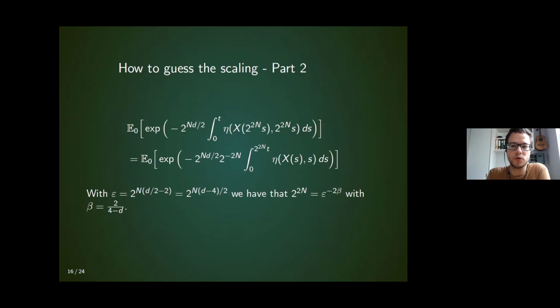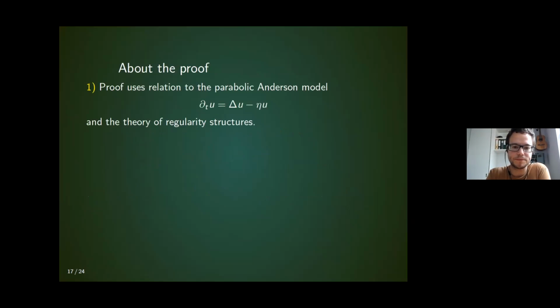Okay, so this is essentially about the result. So how do you do the proof? The proof is based on the fact that this survival probability you can relate nicely to the so-called parabolic Anderson model. So it's almost the same. Essentially what we want to do is rescale the random walk and rescale the exclusion process. So we try to rescale this equation.